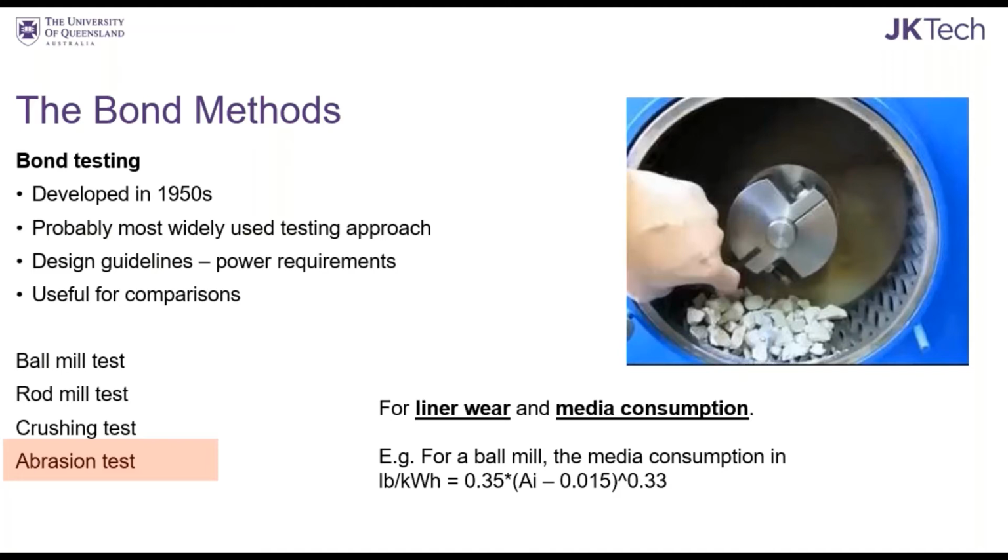With the result, there's a range of equations that Bond developed, based on his knowledge of wear rates for crushers, ball mills, and rod mills, for predicting your wear rates in your mills. So they're the Bond methods.